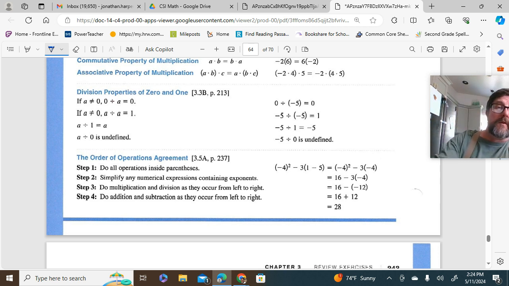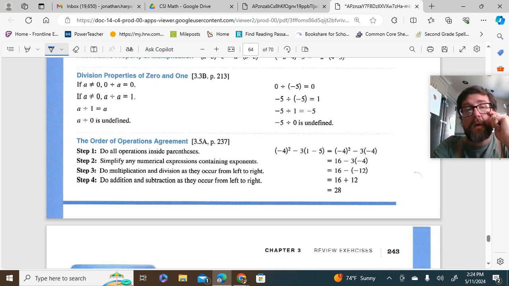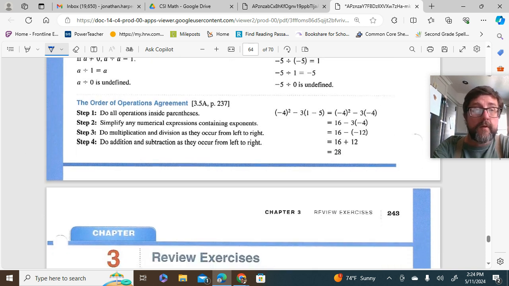That's basically saying any number divided by itself is 1, unless it's 0 divided by 0. In that case, you can't do it. So a divided by 1 equals a. A divided by 0 is undefined. You can't do it.